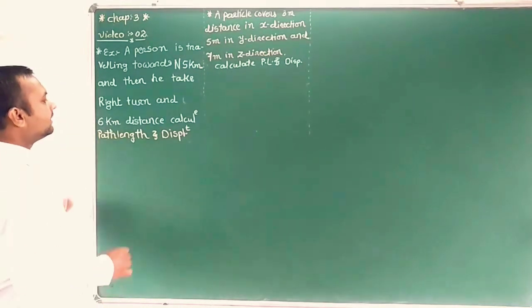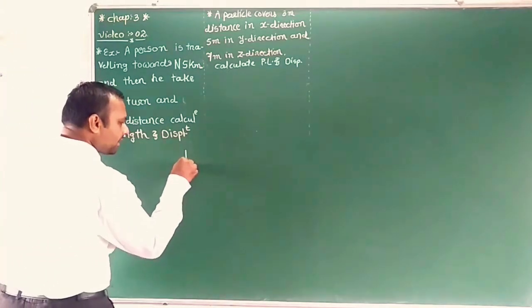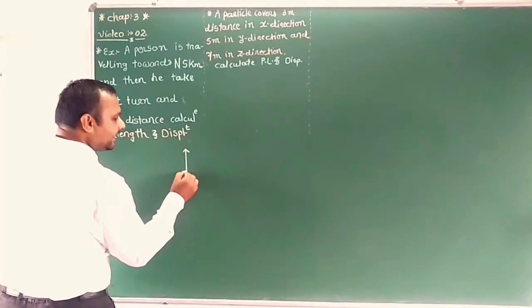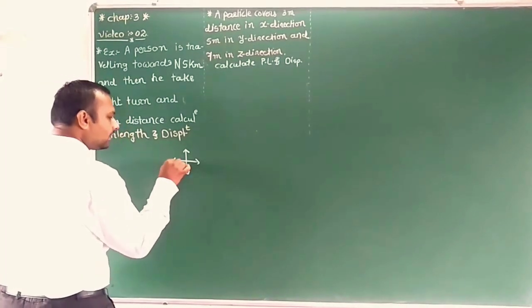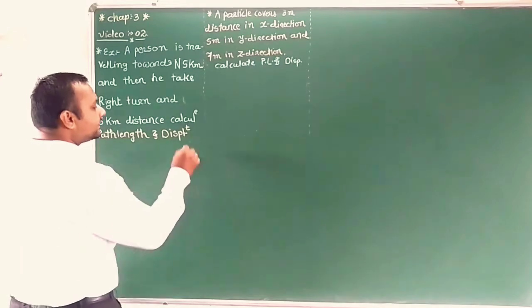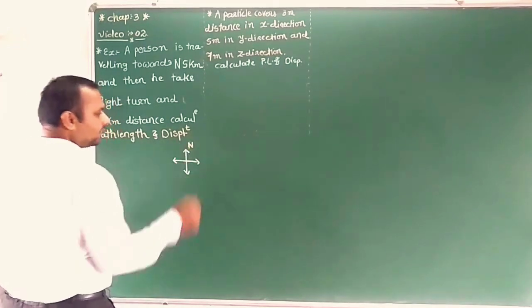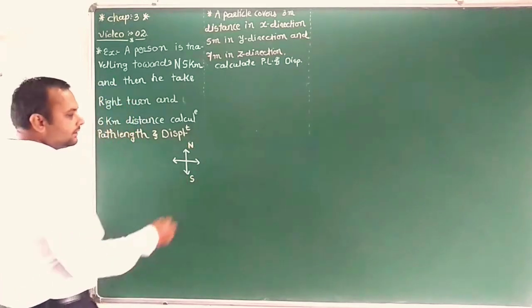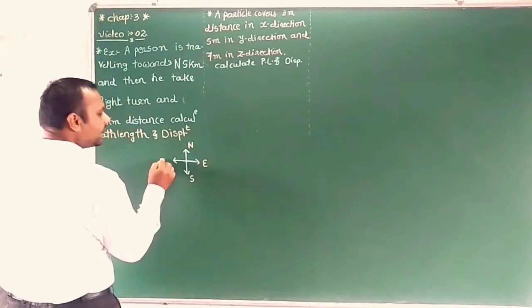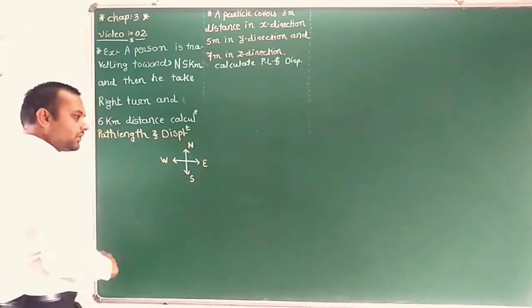Always remember you have to follow the sign convention according to the map method. This is always considered the north direction, this is the south, this is the east direction and this is the west direction.